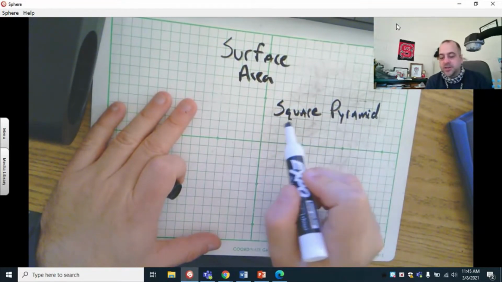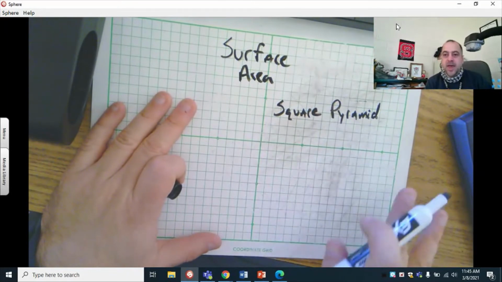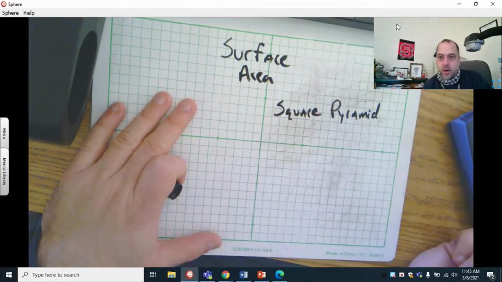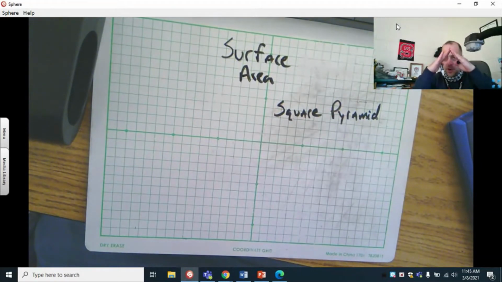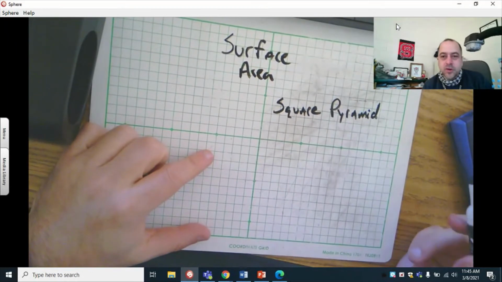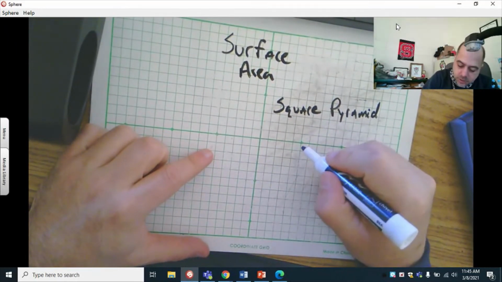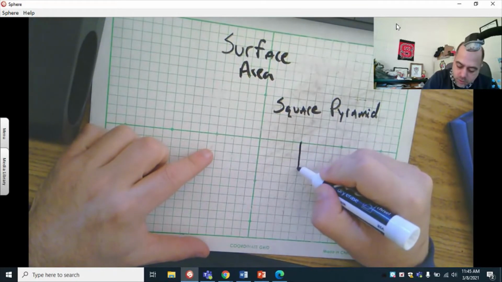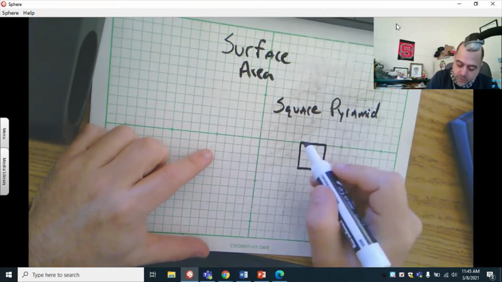The reason why it's called a square pyramid is the base is going to be shaped like a square. Everybody knows what a pyramid is, right? You have your walls and they come up like a point. Well, what we're going to do is draw it like this. I'm going to draw our square, and watch what I do here.